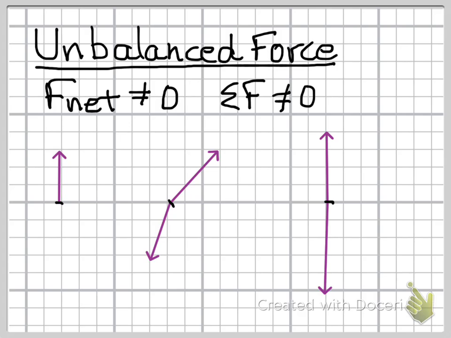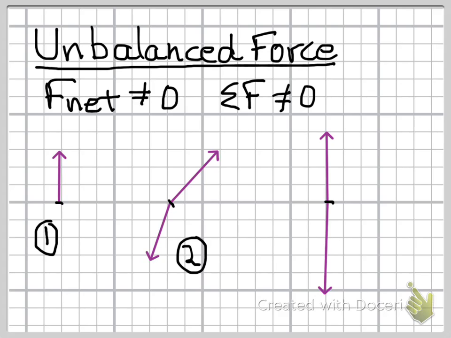Now here are 3 examples of unbalanced force. Number 1, anytime there's a single force acting on an object, it is unbalanced. Number 2, I think it's pretty obvious from this that we do not have equal magnitude, opposite direction vectors on the object, so there is a net force on this.